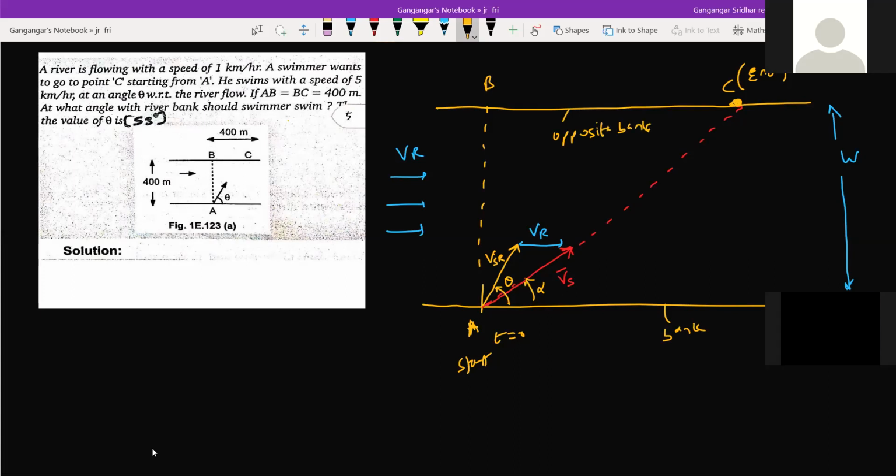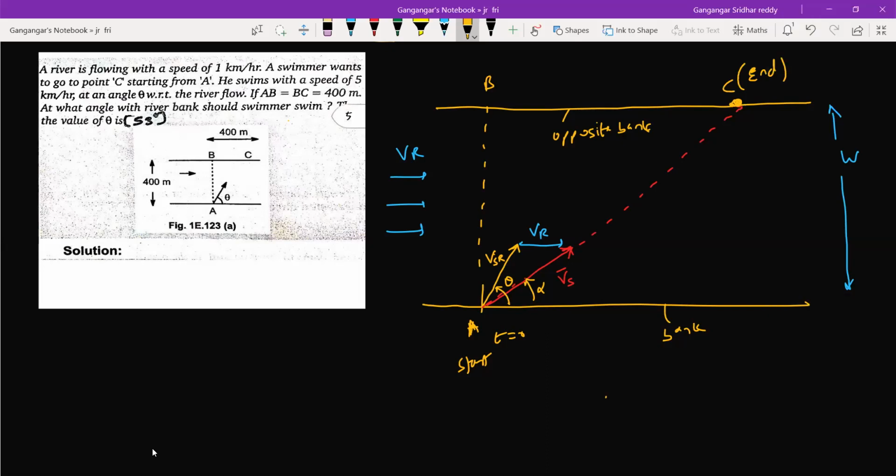What are the things given? Okay, proceed. So what do we have to do? We know the width of the river: it is 400 meter. We know also the drift is 400 meter.